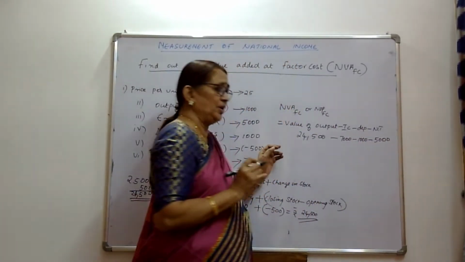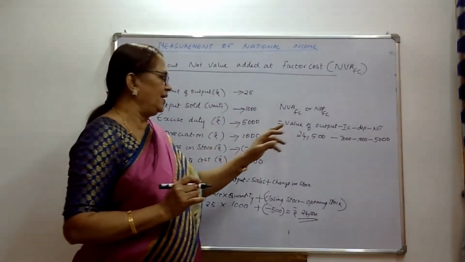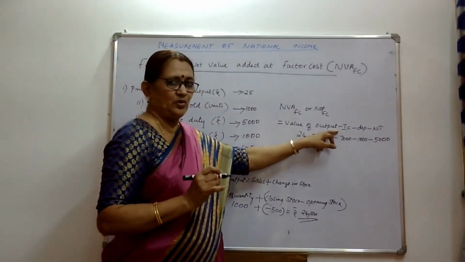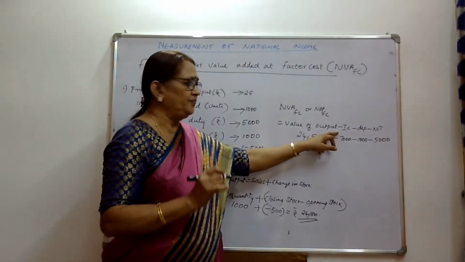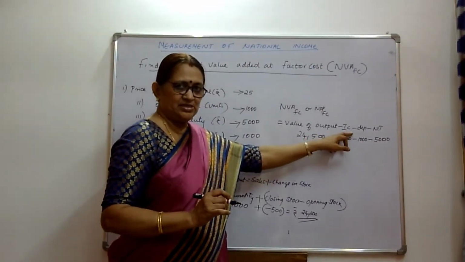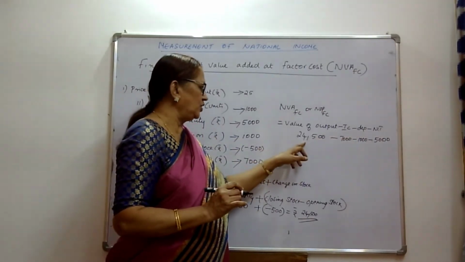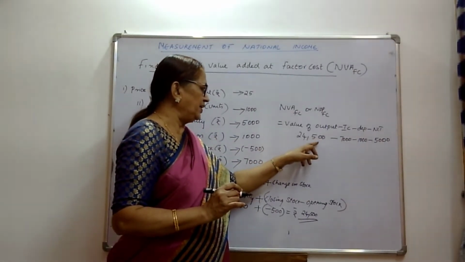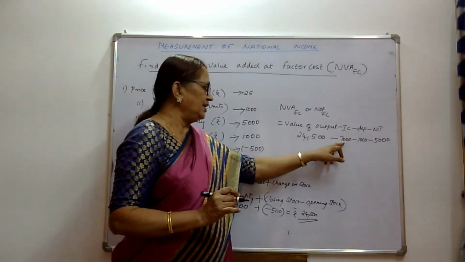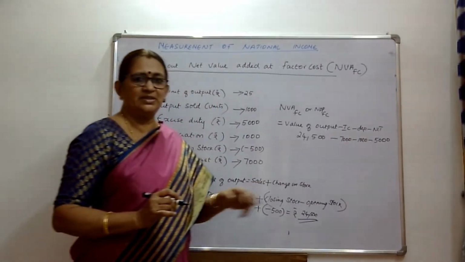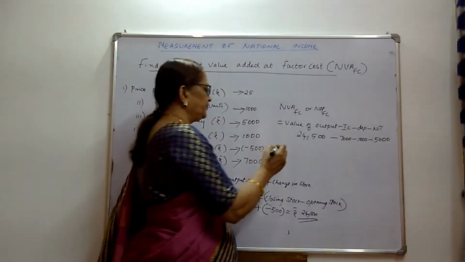I am doing this way in order to understand the method, because from value of output we have to deduct intermediate consumption, minus depreciation, minus net indirect tax. Okay. So 24,500 minus, here 7,000 plus 1,000 is 8,000, plus 5,000 is 13,000.